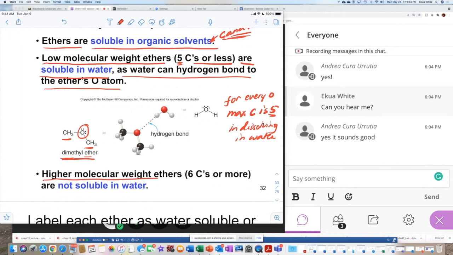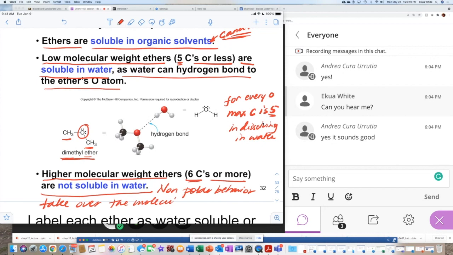Higher molecular weight ethers, the ones that have 6 carbons or more, cannot dissolve in water, because at that point, non-polar behavior begins to take over. So right here, the non-polar behavior takes over the molecule.